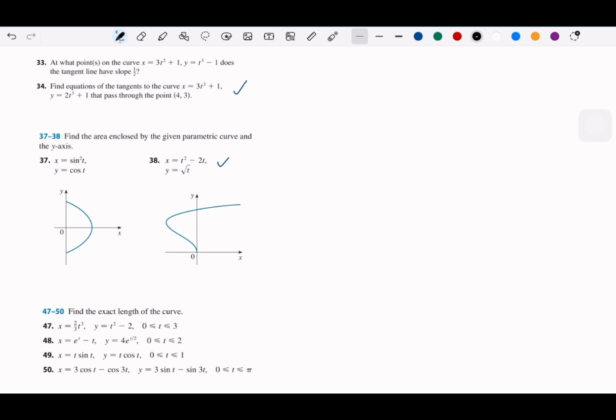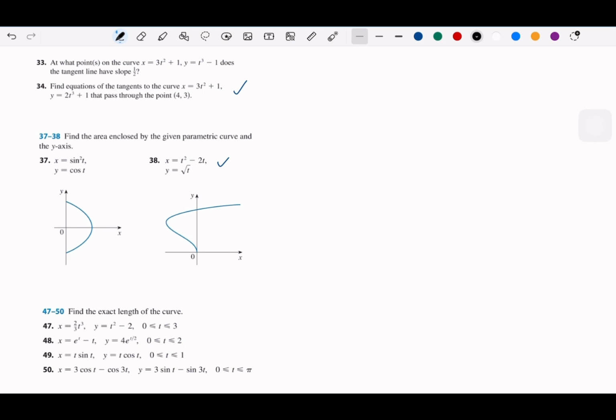So basically, number 34 is pretty similar to the example we did earlier. We need to find the equation of the tangent, which means the idea is to find the slope, or dy dx. We have x in parametric and y also in parametric, so we know how to find dy dx through that.